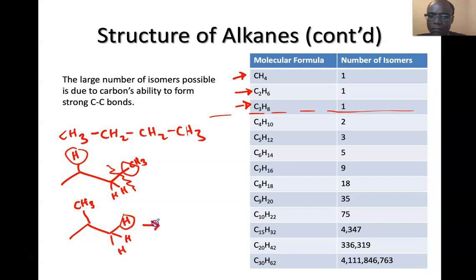If I draw it without showing hydrogens, I end up with this, which means I started with that and then made its isomer. Both of them have the general formula C4H10, and these 2 are the only isomers. There's no other isomer you can get.